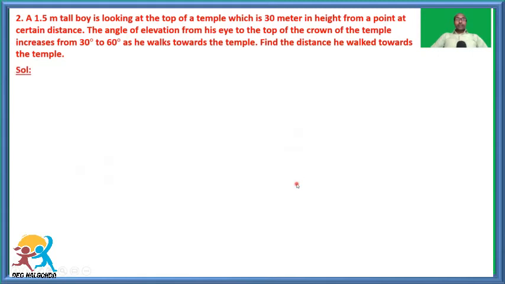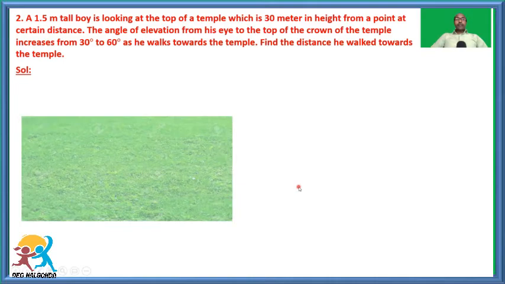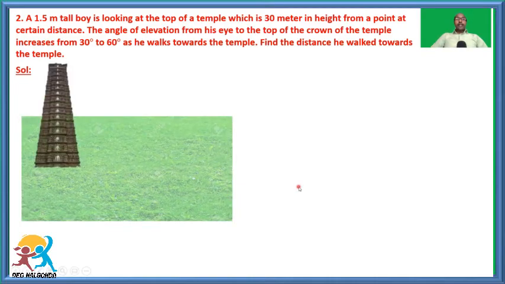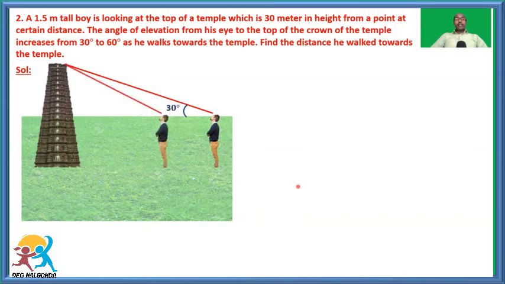So first imagine the scene. So here it is a temple, and we have a boy of 1.5 meter tall. Now he is looking at the top of the temple at an angle of 30 degrees, and then he walked towards the temple and again observed the top of the temple, and the angle of elevation is 60 degrees.